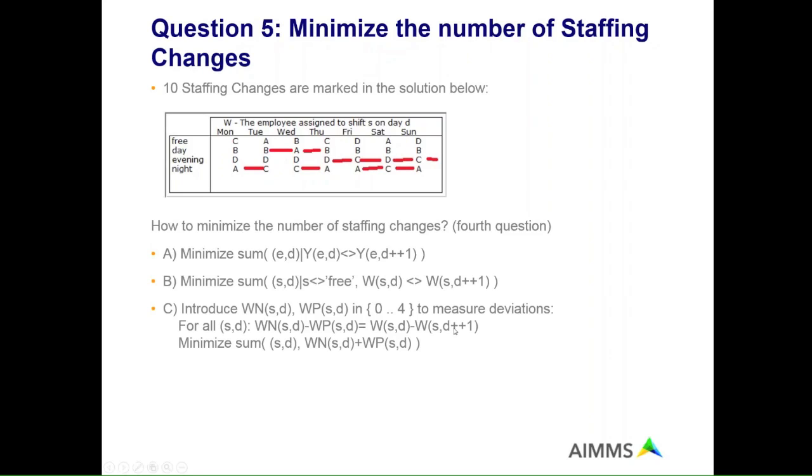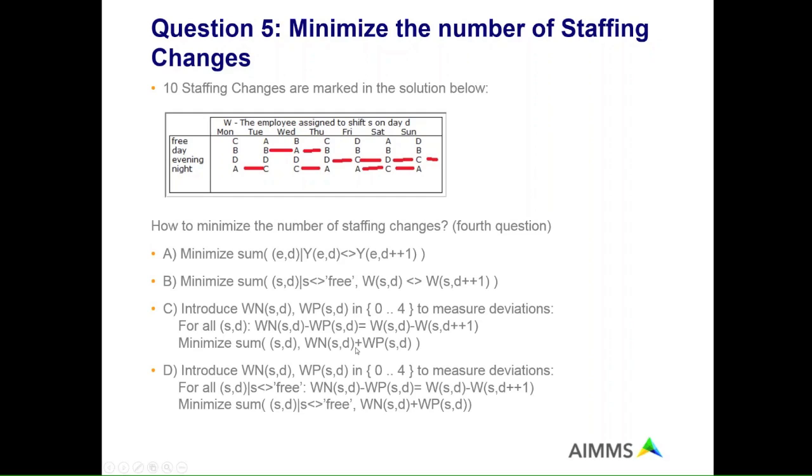Or we could measure the deviation between shifts, like a linear programming model does. So we introduce 2 non-negative variables and see how much difference is created, and we minimize the sum of these deviations. The same one, except that we exclude the free shift. Please take a minute to see which objective has your preference.